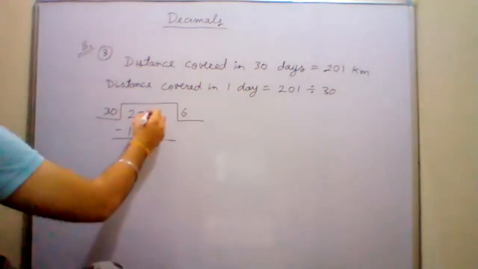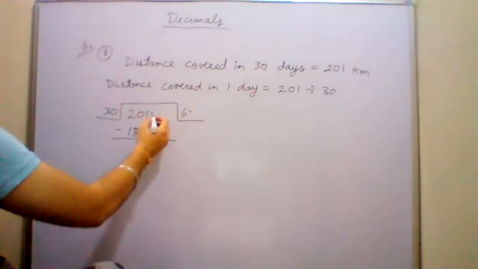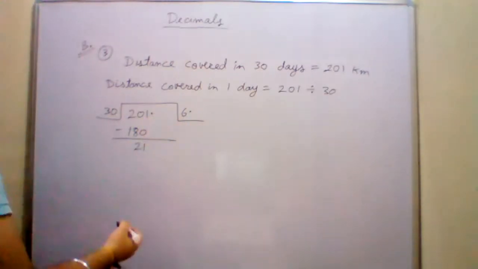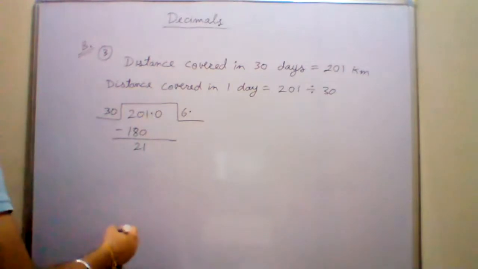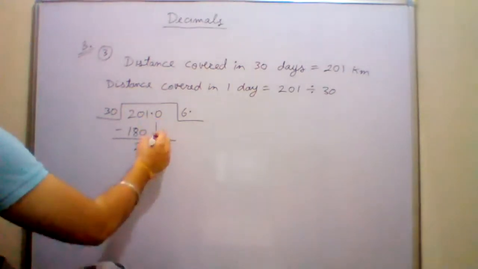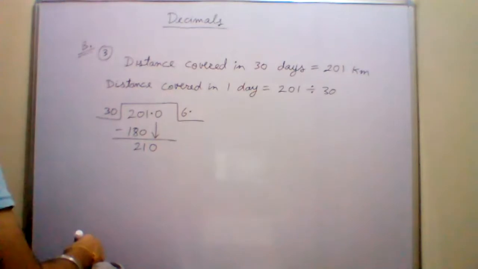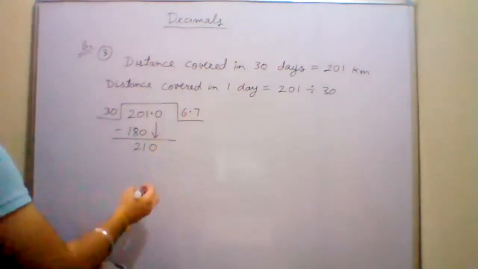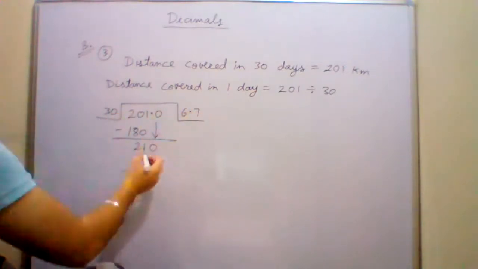So what will you do here? Now put a decimal in the quotient as well as in the dividend. Both the sides you put a decimal. Now after putting the decimal, write a 0 in the dividend and then copy down the 0. 210. Now you write 7 here. 30 into 7 is 210.